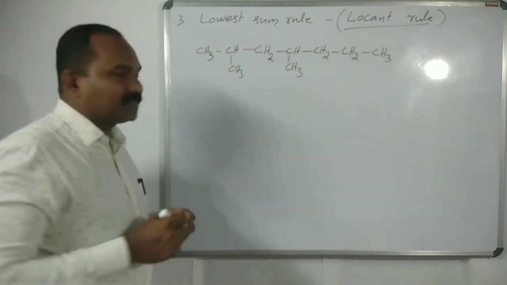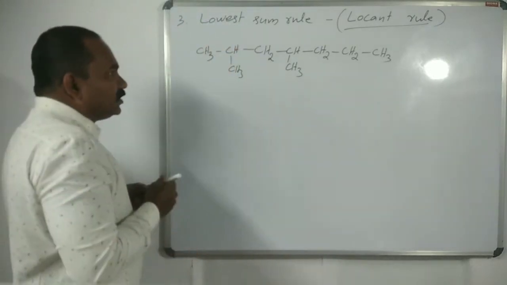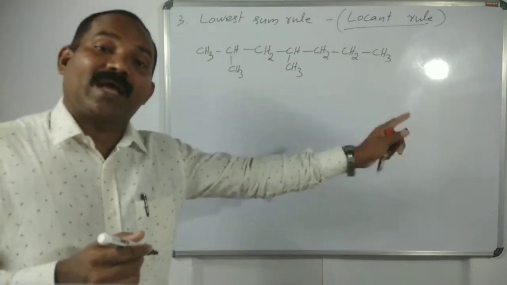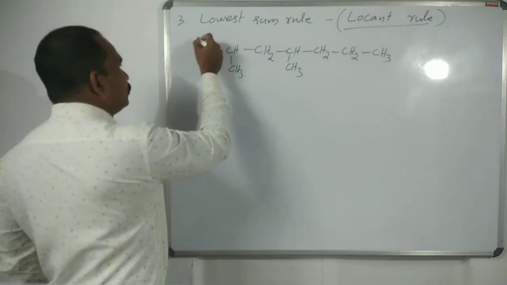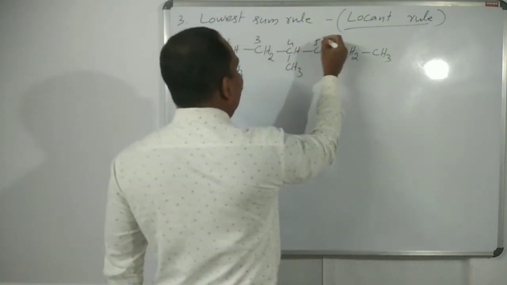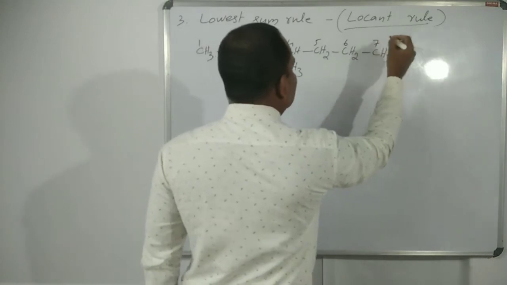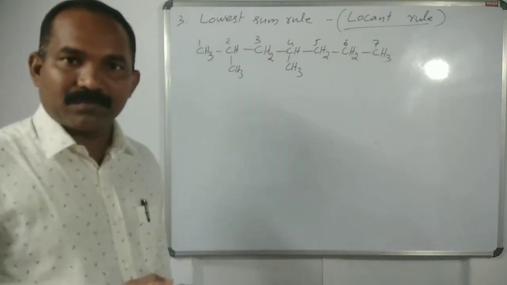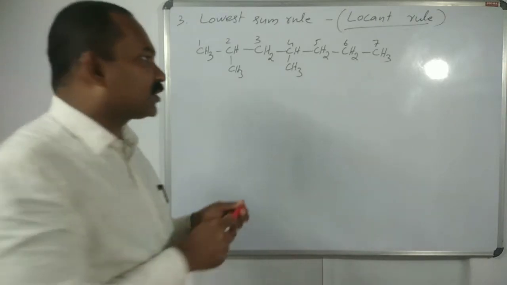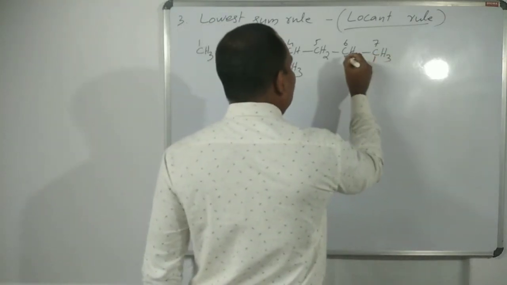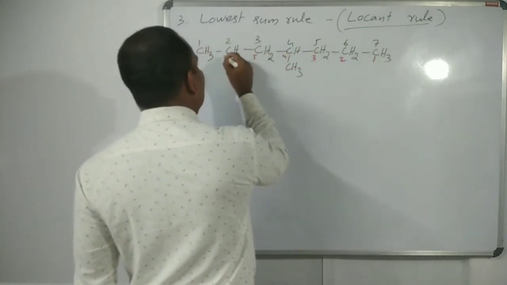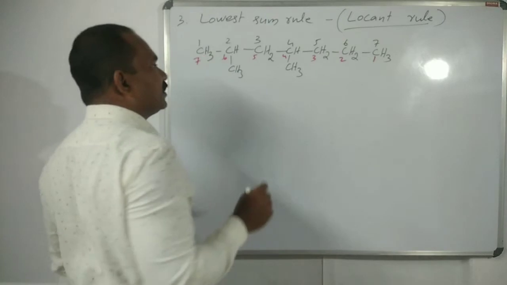In this case, the numbering can be from left to right as well as from right to left. We do 1, 2, 3, 4, 5, 6, 7. Then from right to left we use another color: 1, 2, 3, 4, 5, 6, 7.